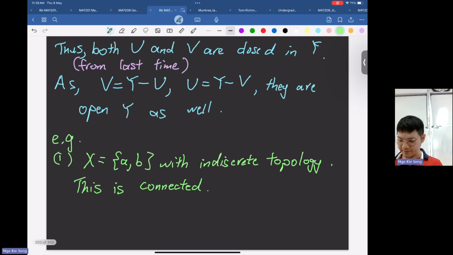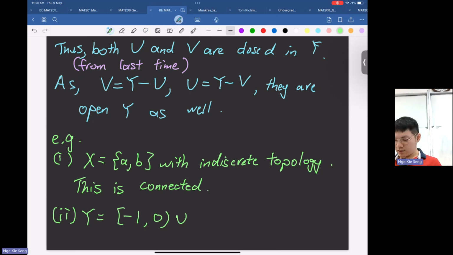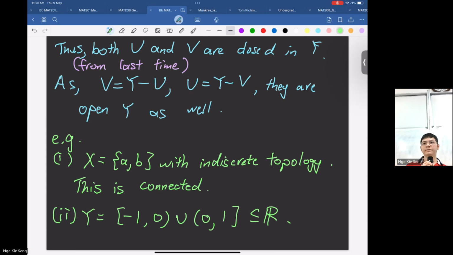How about this one? This subspace topology here: -1 to 0, union 0 to 1. Is this connected or disconnected? Why? What are the U and V you can take?